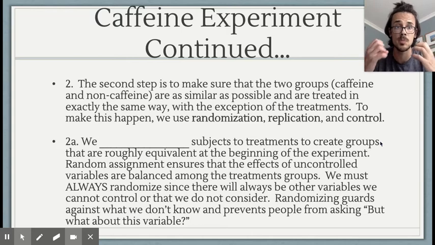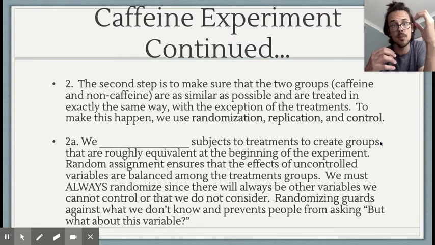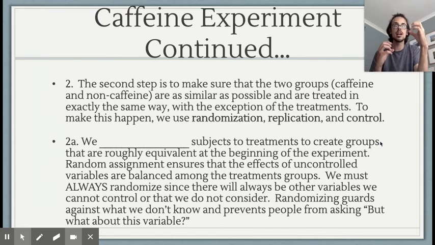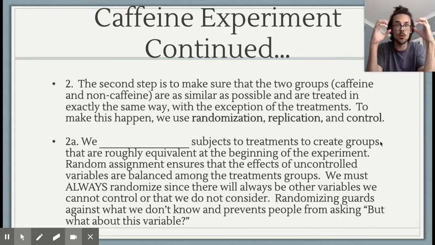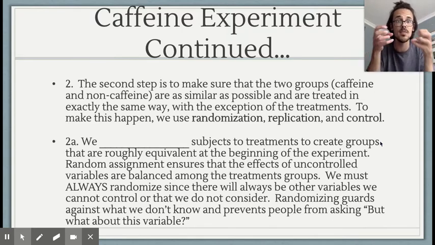Two groups that were experiencing all the same things except for that one thing that matters, which is caffeine. So I'd have a group that got caffeine and I'd have a group that did not, that all heard the same lecture. So if my lecture was really what was going on, I would see both groups having a higher rate. And if there's still a difference, it would be because of the caffeine, not because of that factor that was the same between them.